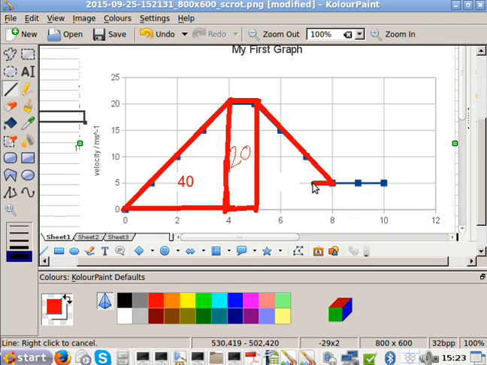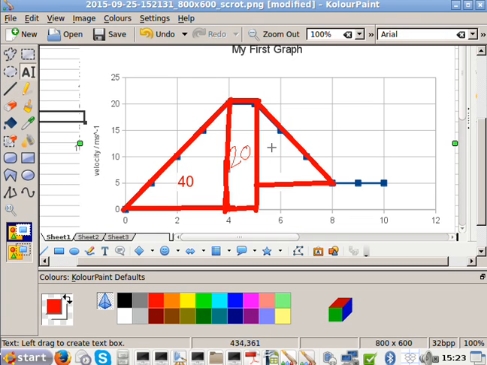So the next shape is this triangle here. How big is this base? 3. And what's this height? 15. A half of 3 times 15 is 45 over 2, which is 22.5.